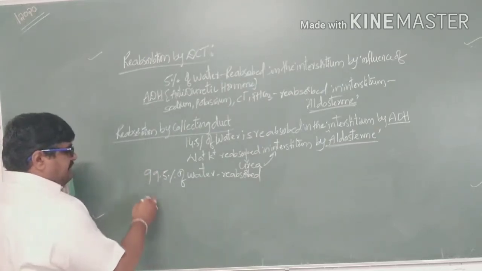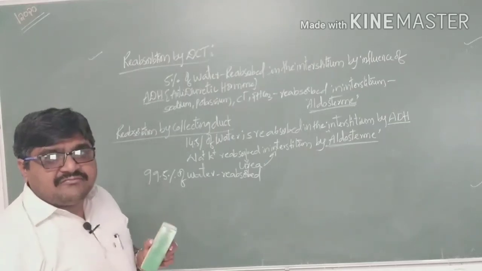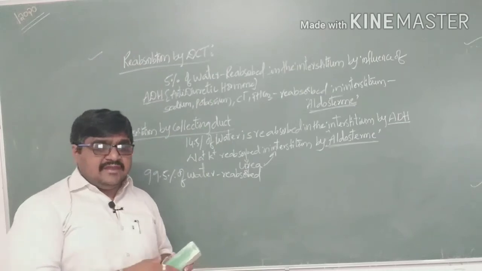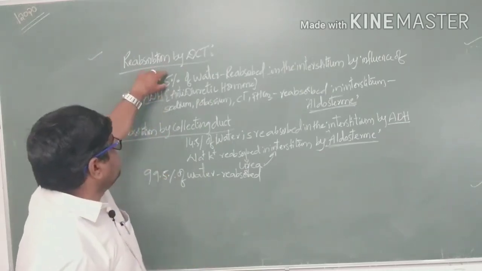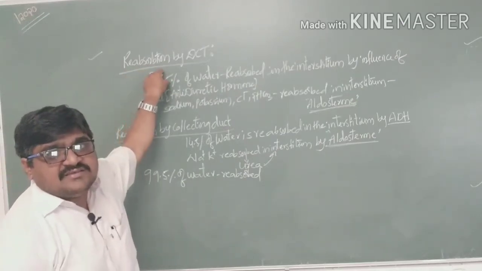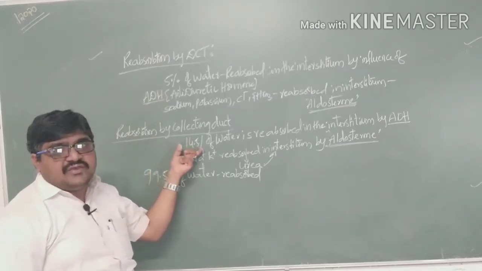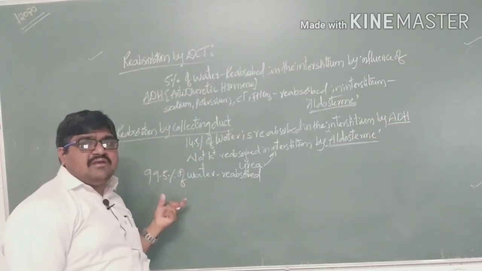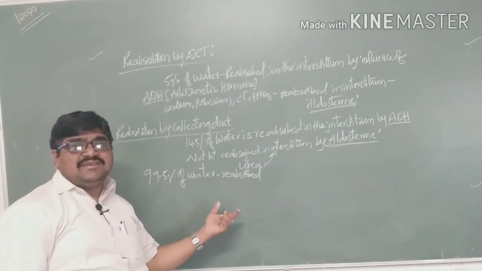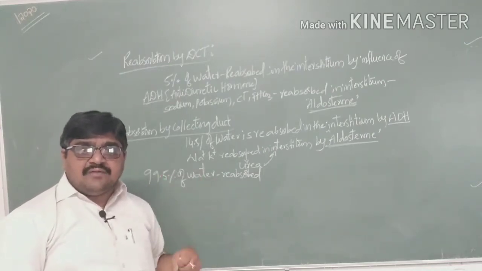Here 65% is from PCT and 15% from the descending part of Henle's loop, and 5%. That means the total is 65 plus 5 is 70, plus 15 is 85, plus 14.5. So 99.5% of water is reabsorbed into the interstitium of the blood.